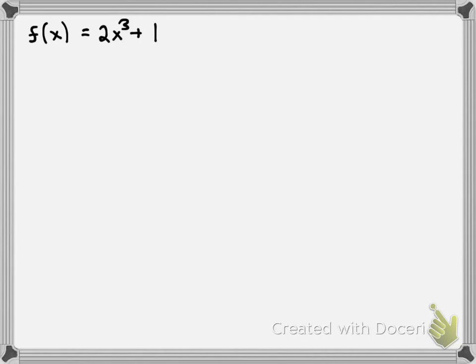Before we do that, it's asking you to determine whether or not the inverse of the function will be considered a function. If you graph it on a graphing calculator or plug it in online, you're going to get this kind of graph right here.